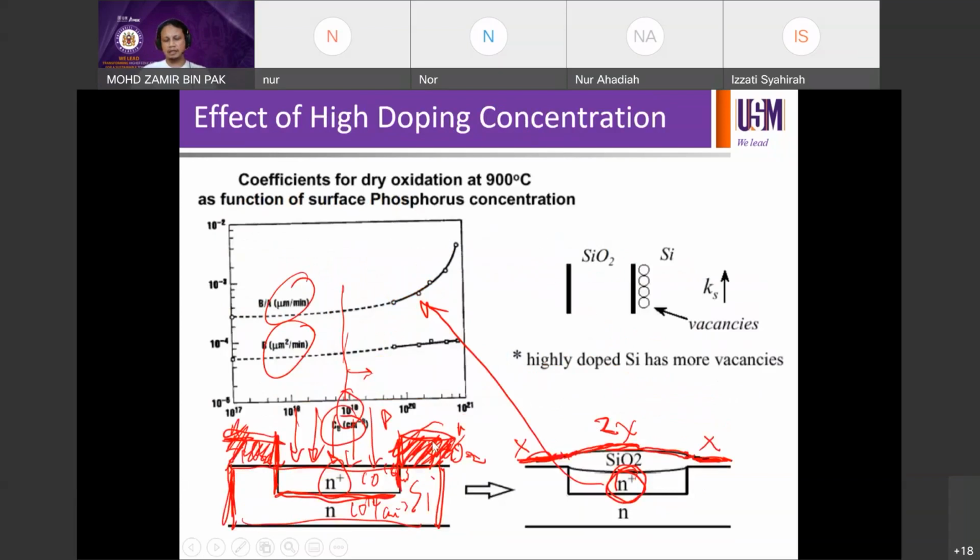Sebabnya kat tengah ni dia akan ada differential oxidation, and that means higher growth rate lah. Dekat certain region higher growth rate, dekat certain region lower growth rate. So differential oxidation here, in the sense that it causes the growth rate to be double in the central part and just X on the sides. So then you can dapat that kind of structure dekat tengah.